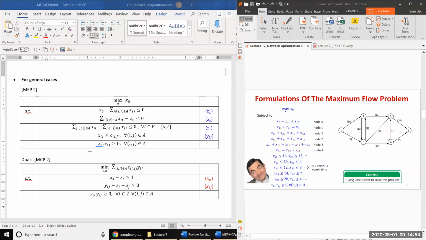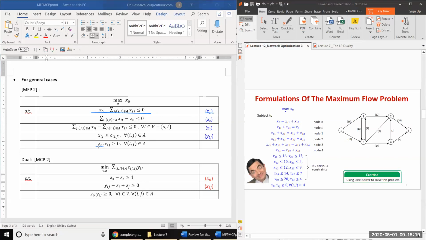Remember, a primal decision variable means a dual constraint, and a primal constraint means a decision variable in the dual.